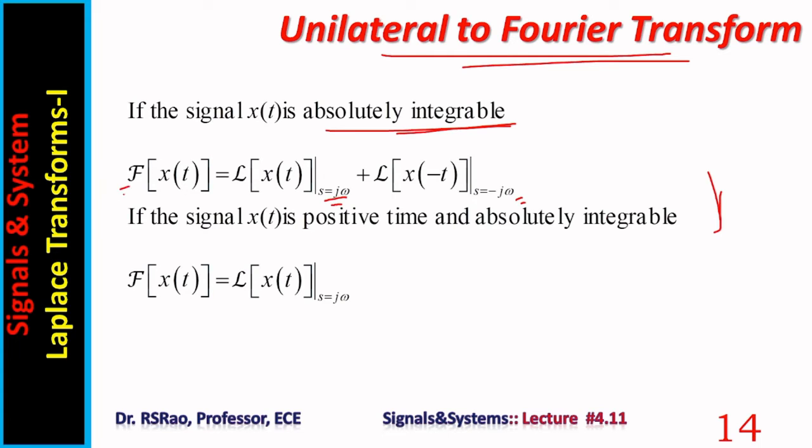So here Fourier transform and Laplace transform are being connected. If the signal x of t is positive time and absolutely integrable, then Fourier transform of x of t is simply Laplace transform of x of t with s equal to j omega. So first relation is more general. Second relation is for positive time signal.